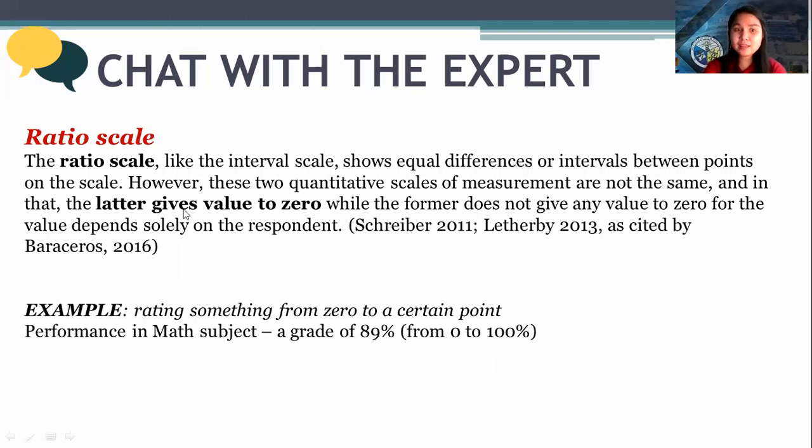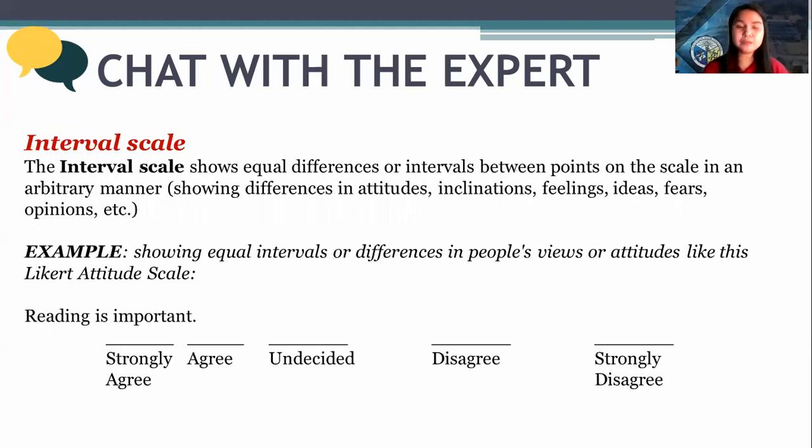What's the difference between the ratio and the interval? In the ratio scale, 0 means zero, nothing. Example, how much is your allowance? Zero. So it means nothing. Therefore, it's in a ratio scale. But here in the interval, what is your IQ? A zero IQ doesn't mean you didn't know at all, right?